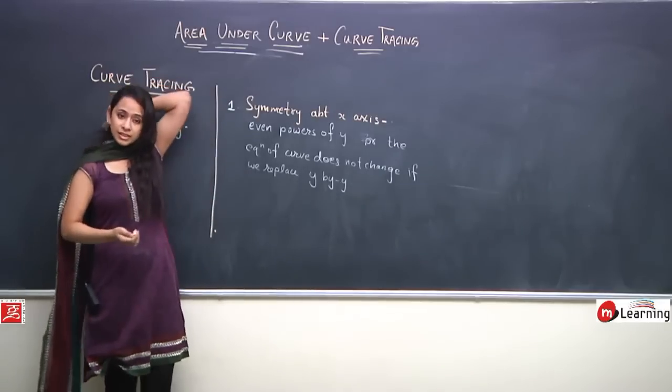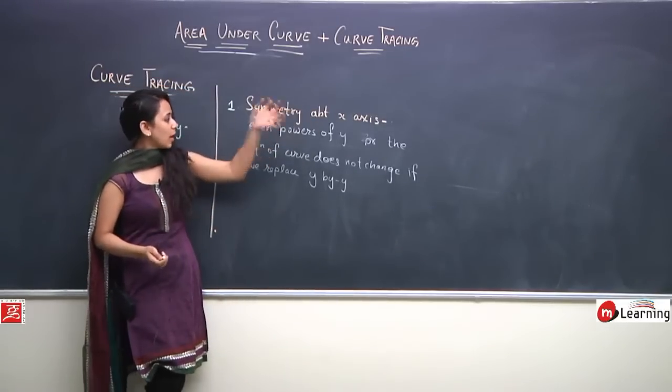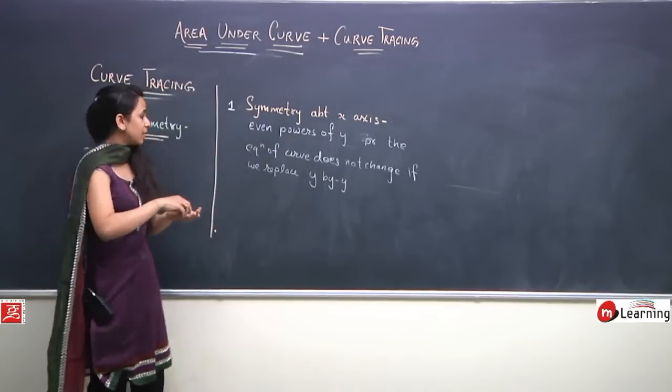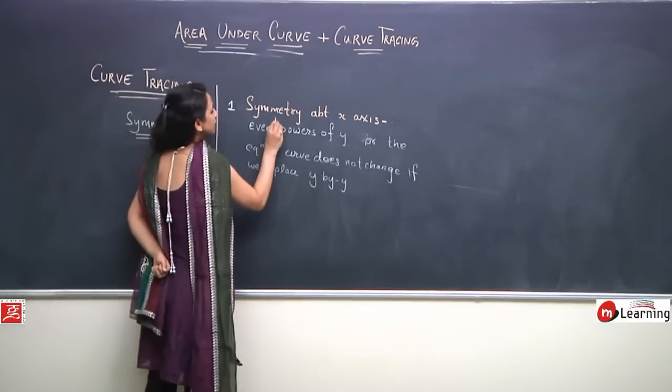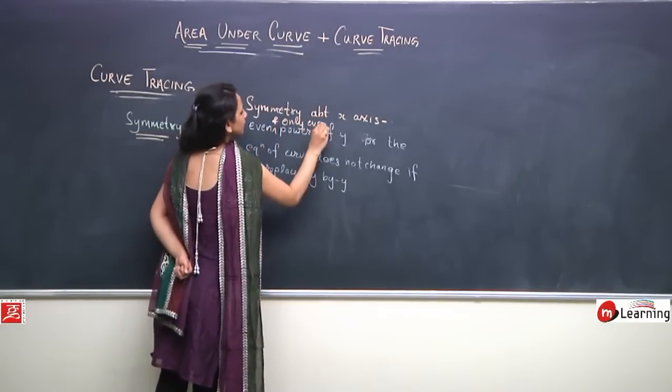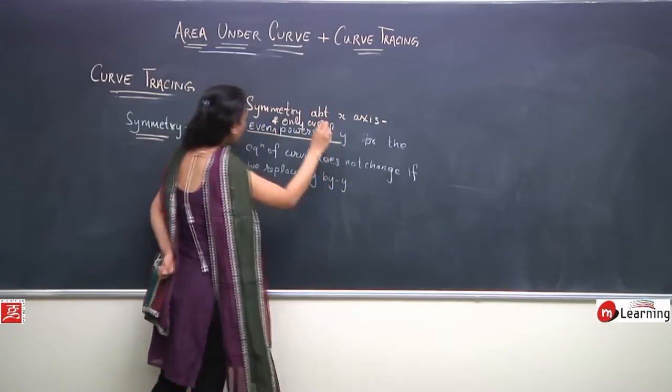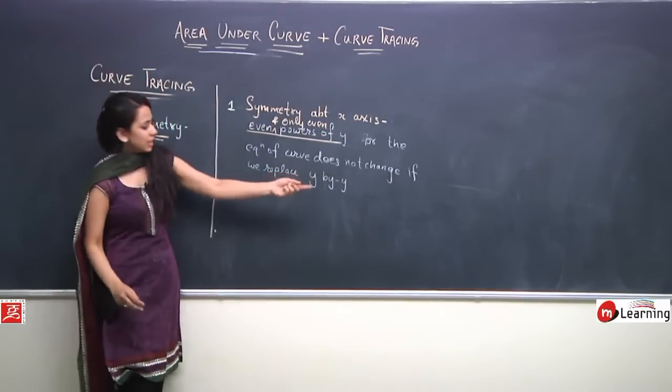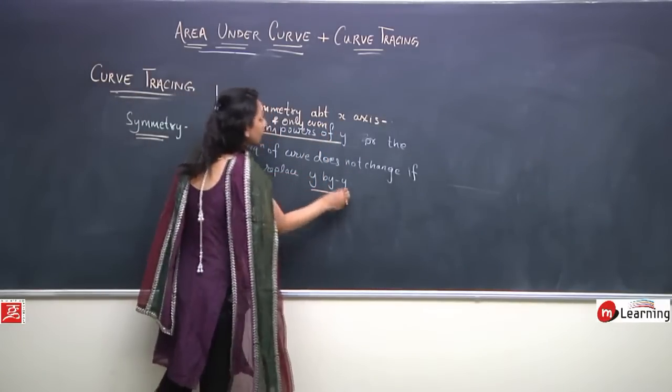So the condition says a curve would be symmetrical about x axis if it has even, and once again I will say even and only even powers of y, or the equation of curve does not change if we replace y by minus y.